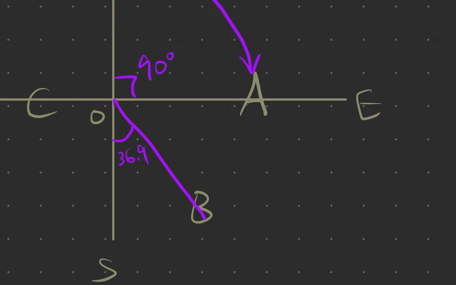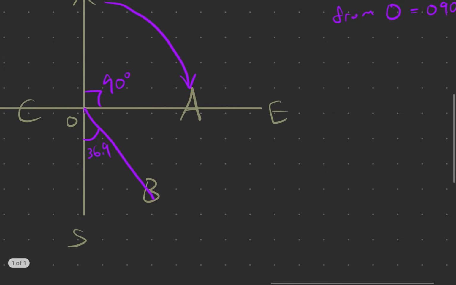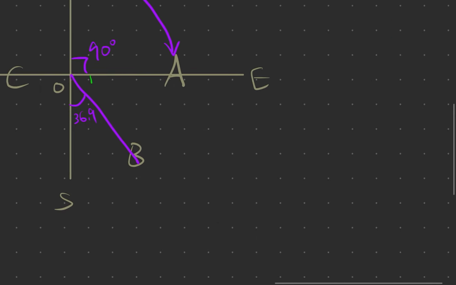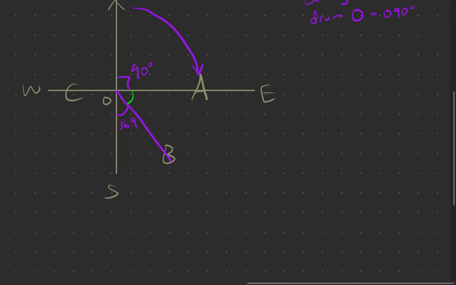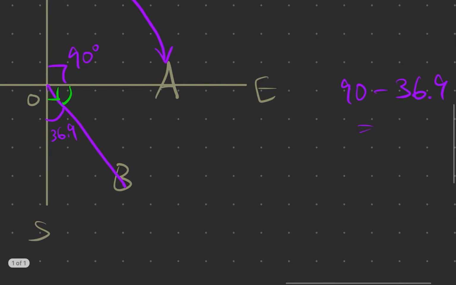Yeah. So how are we supposed to find the bearing of B from O? Very easy. We know that N to E will be 90 degrees, but now we just need to find this angle over here. So all I have to do now is to take 90 degrees minus 36.9 degrees. Why? Because this angle here is 90 degrees.